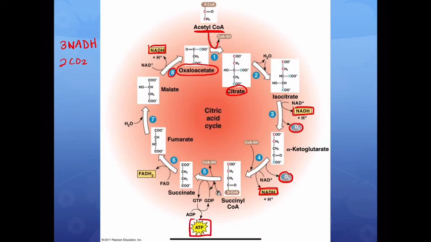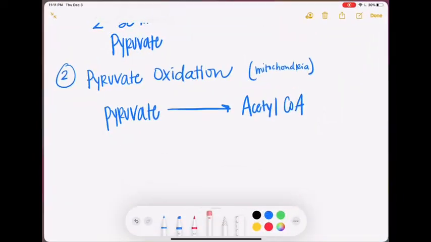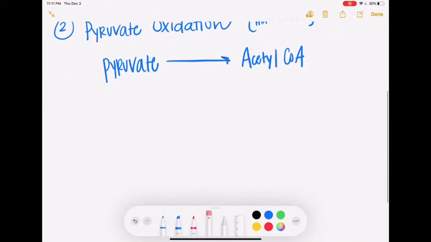We make 1 ATP, and we make 1 FADH2 per turn of the citric acid cycle, per pyruvate molecule, and you have 2 of those, which make 2 acetyl-CoAs per glucose.